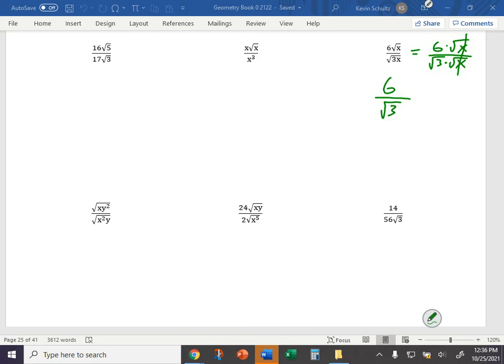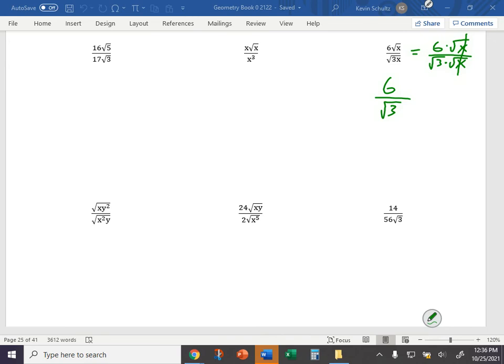Another one that's visible. We're slowly working our way down. Which one do you want to go over? Blake? The last one, 14 over 56 root 3? So that's what you want to do? Okay. 14 over 56 root 3.